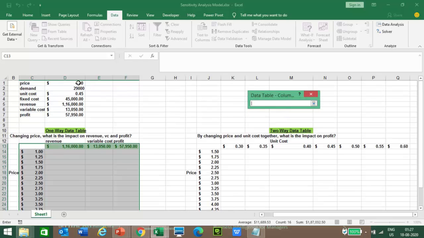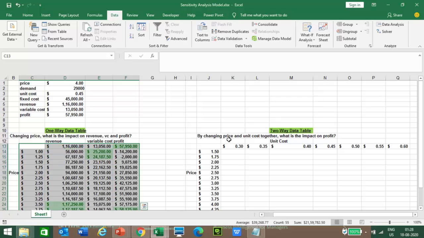Select the price from here and click OK. So once you do this, you'll come out with a matrix and data which will give you the impact of changing price from $1 to $4 with increments of $0.25 each.